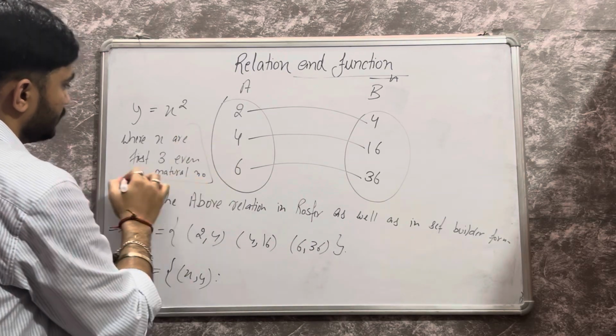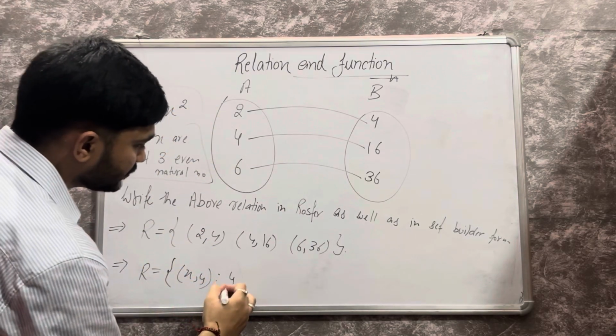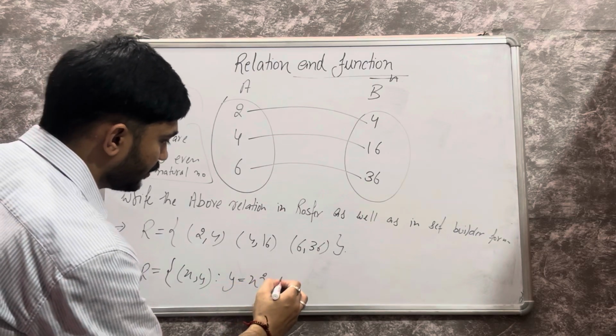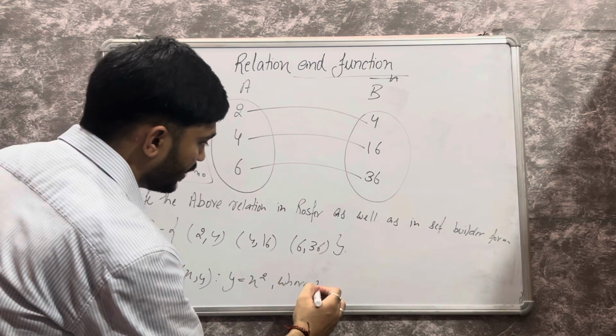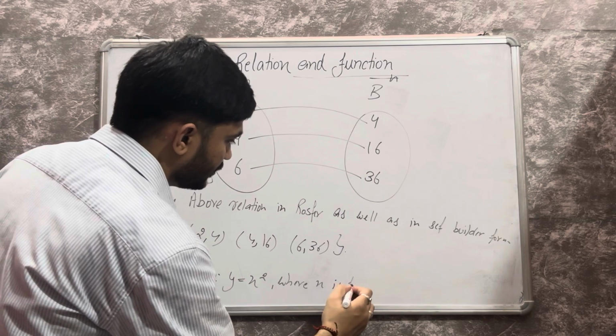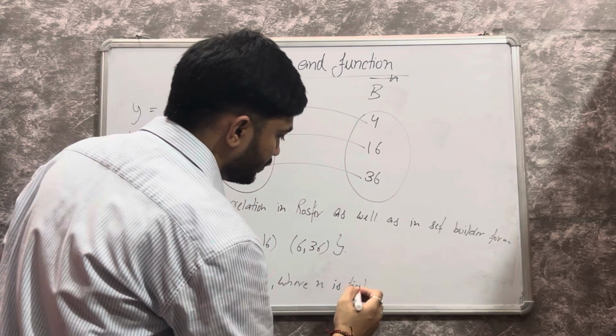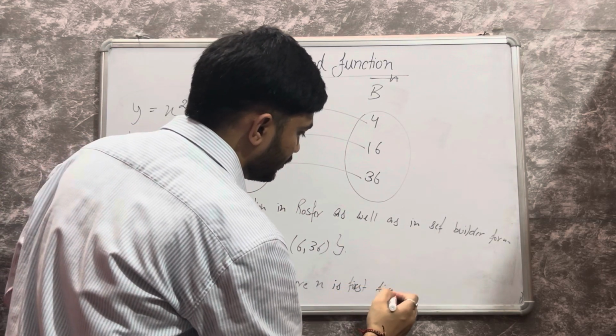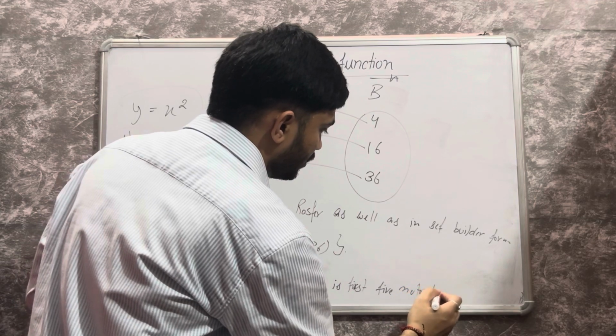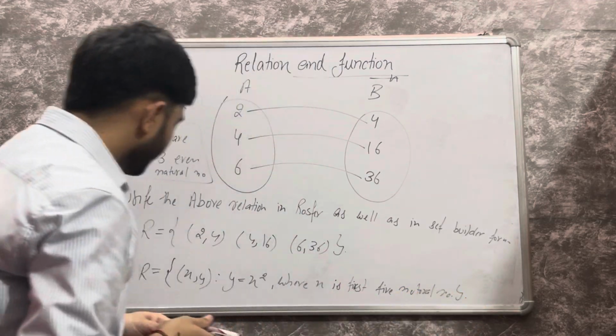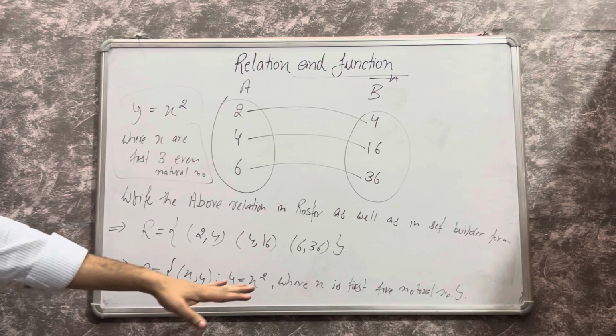We can write this? Yes, we can. So write it as y is equal to x square, where x is the first 5 natural numbers. So thus we have represented this R in set builder form.